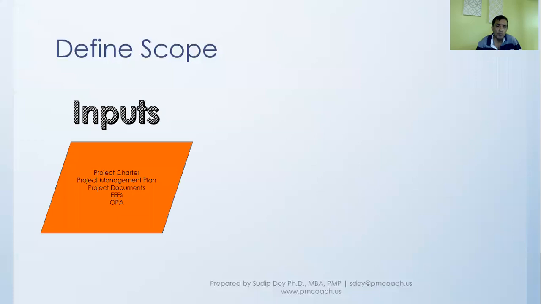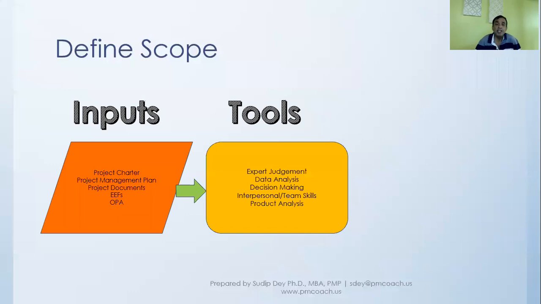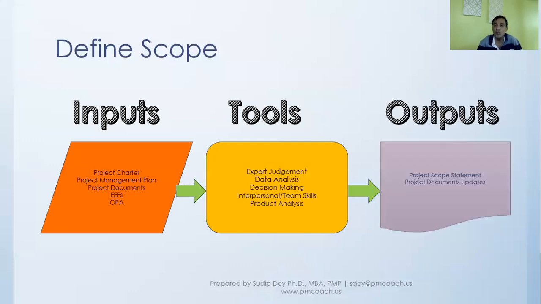Now, define scope has inputs such as the project charter, management plan, project documents, and EEF and OPA. The tools that we use are judgment, data analysis, many of the common tools that we have been using so far.